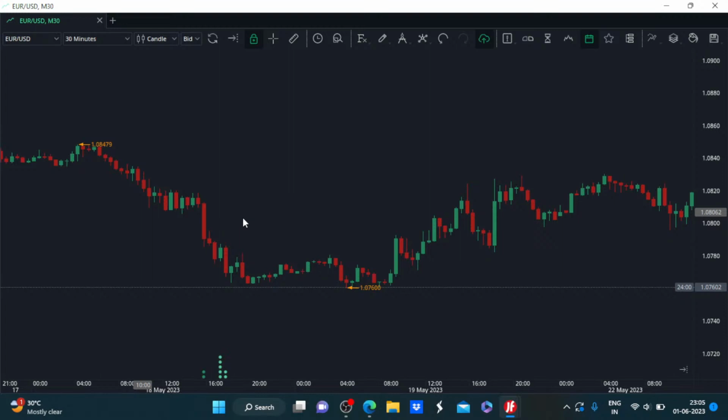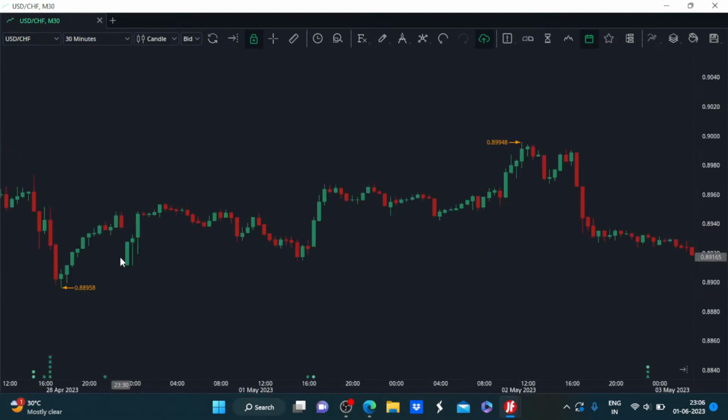Okay, we got it. Now, if we have to find the bearish pattern, we need the opening price, and then in the second candle, we need the closing price to be below the closing price of the first candle. That is a key requirement.